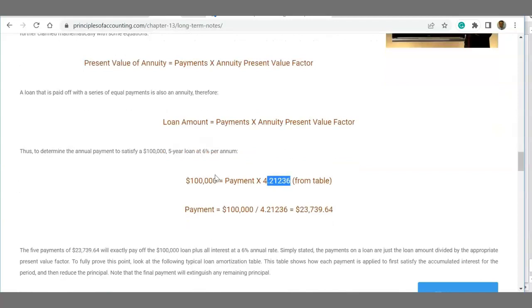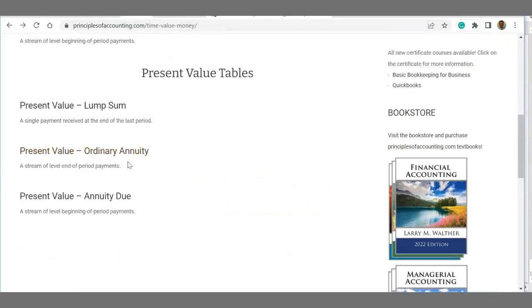So you borrow $100,000 and this is a 5 years borrowing, and the payment, including principal plus interest, will be due at the end of each year. So that should be present value of ordinary annuity, end of each year, end of each period.